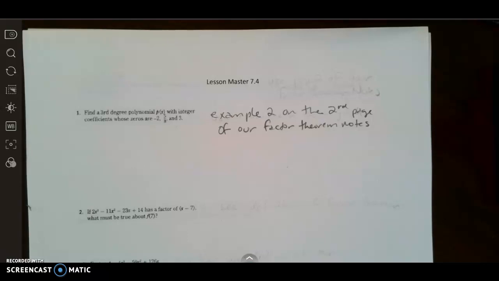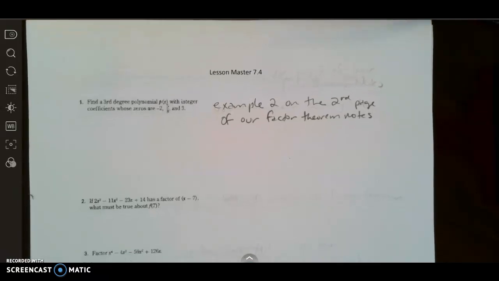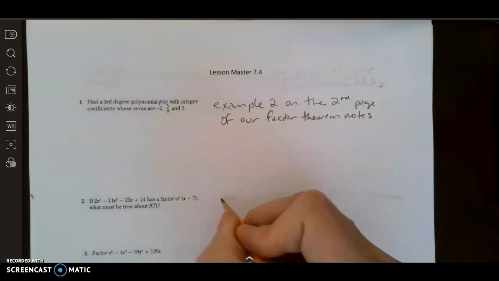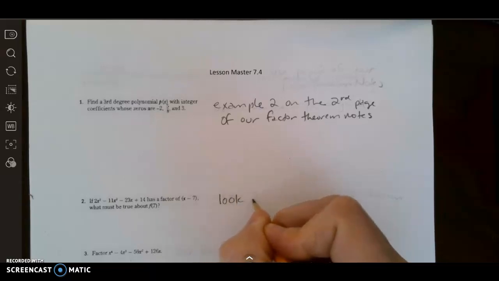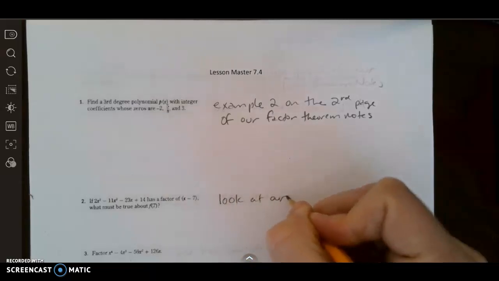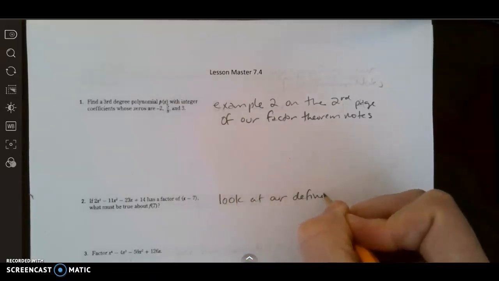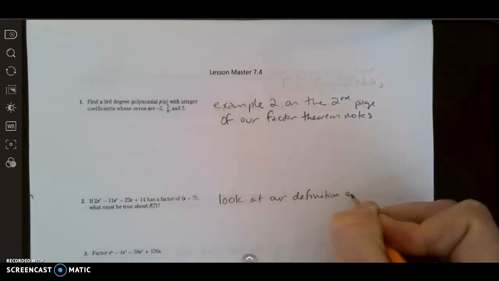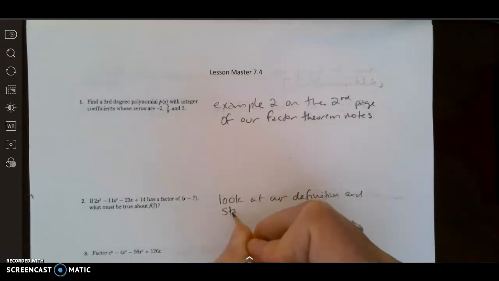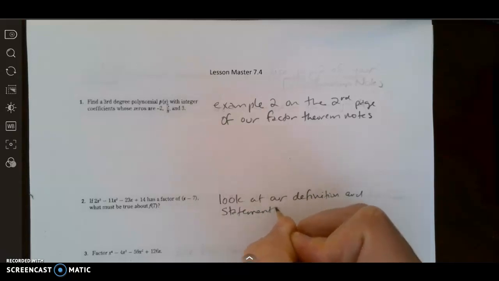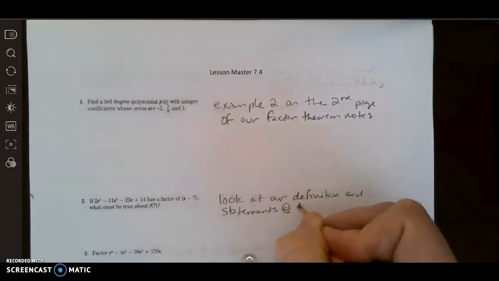Number 2, they give you a factor and then they ask you, therefore, what must be true about f at 7. I would say look at our definition and statements about the factor theorem.